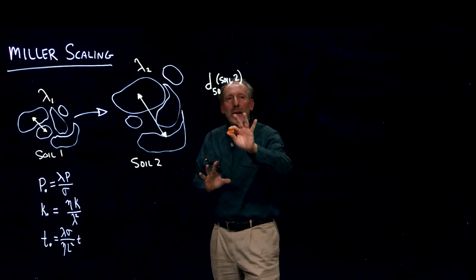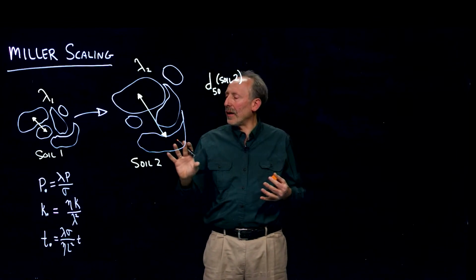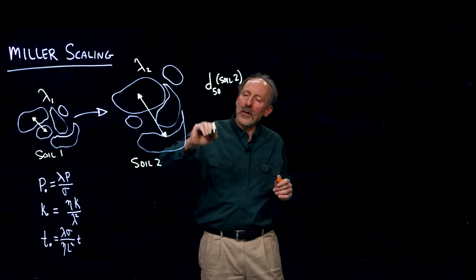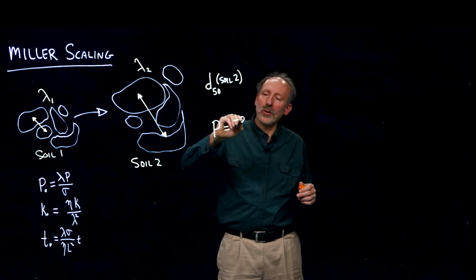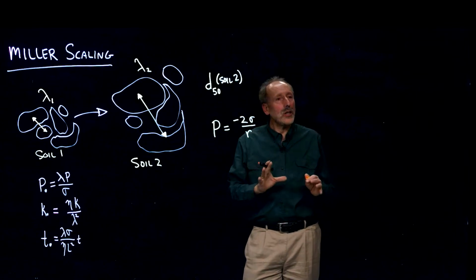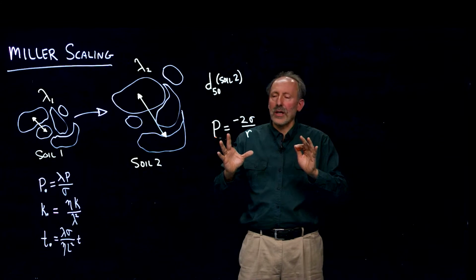So now what we're going to do is try to connect this change in size to the physical properties of the system. Now we remember that the pressure in capillary pressure is -2 sigma over R. And what we're going to try to do is get all of the scale-related parts on one side.